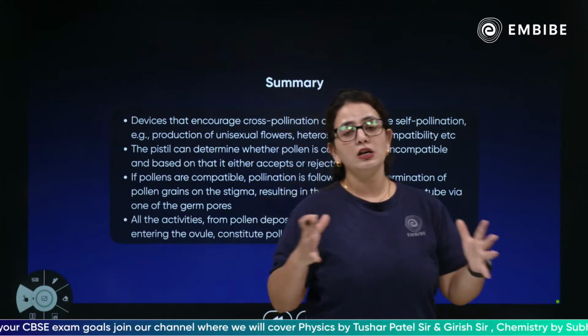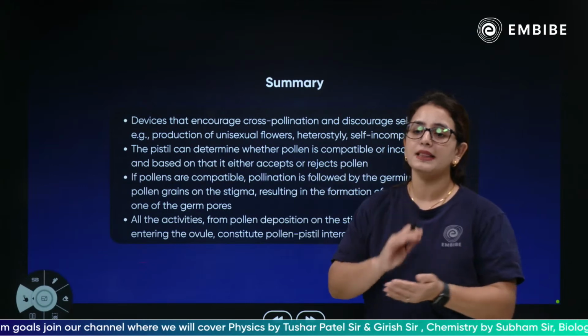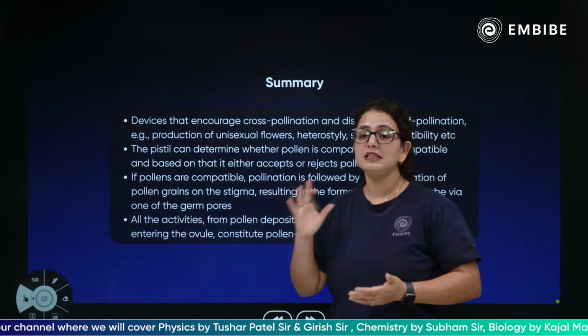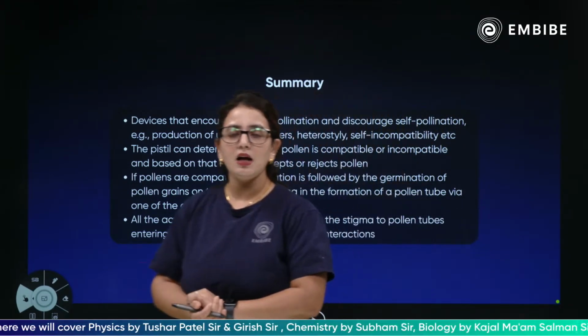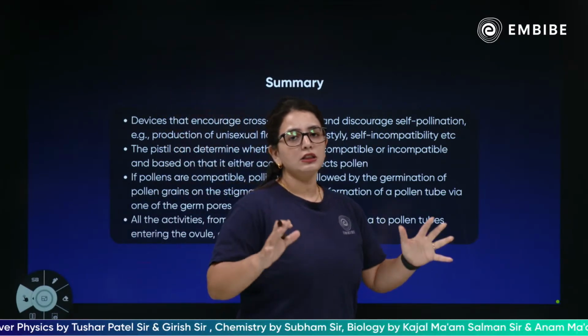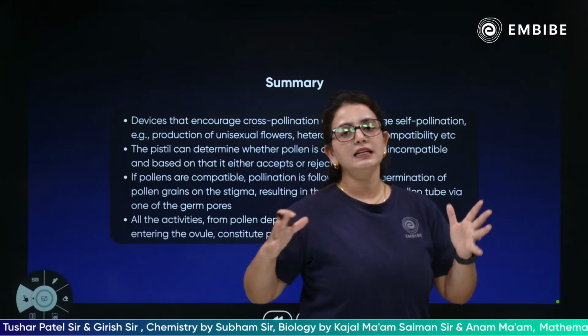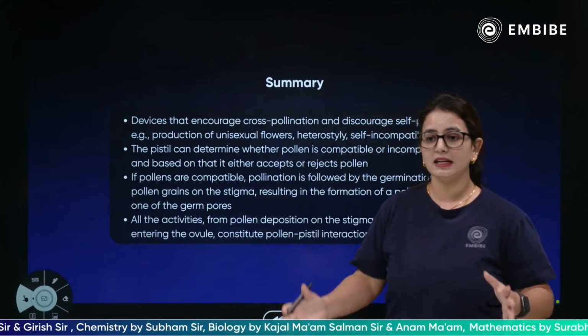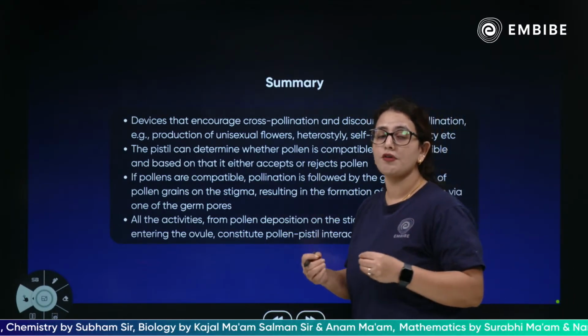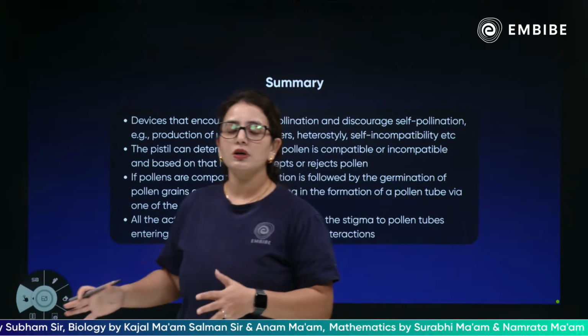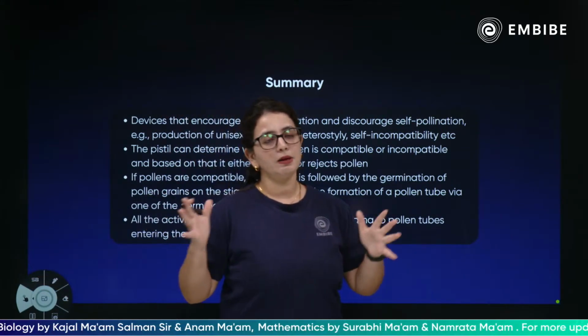The pollen-pistil interaction is also one of the methods to avoid self-pollination, because the stigma rejects or accepts pollen grains on the basis of being compatible or incompatible. It can lead to the germination of a compatible pollen grain and reject the incompatible pollen grain.